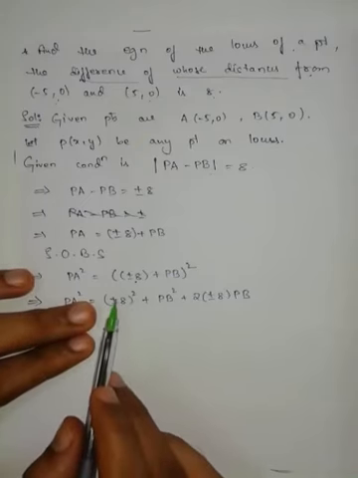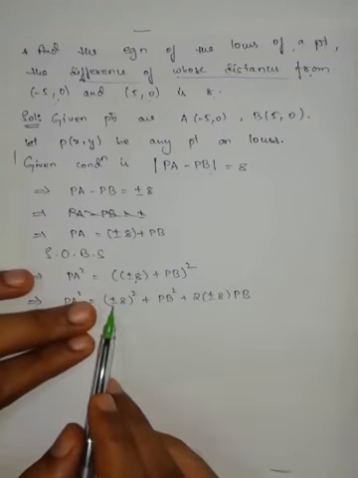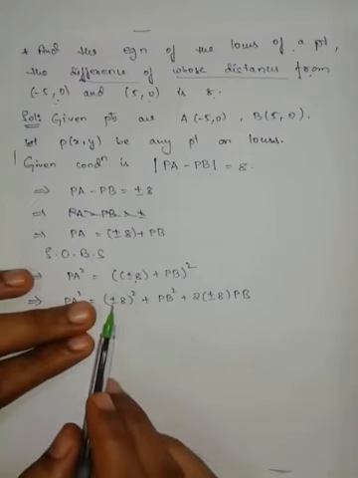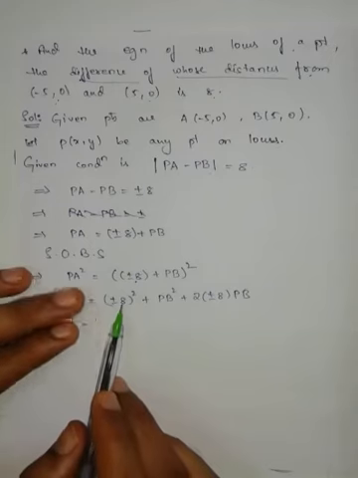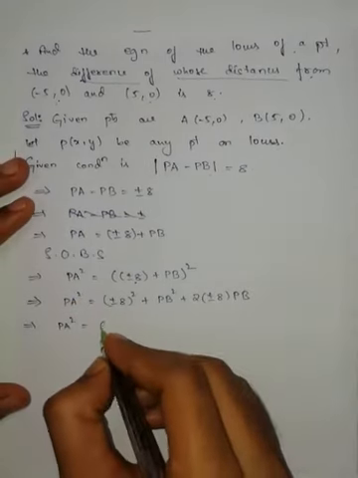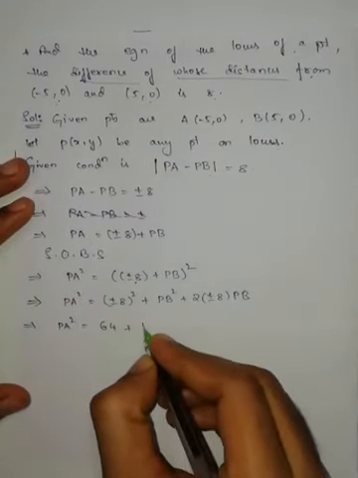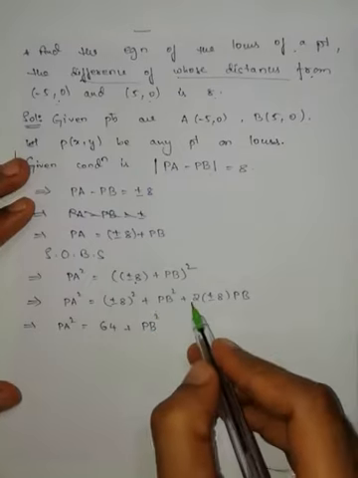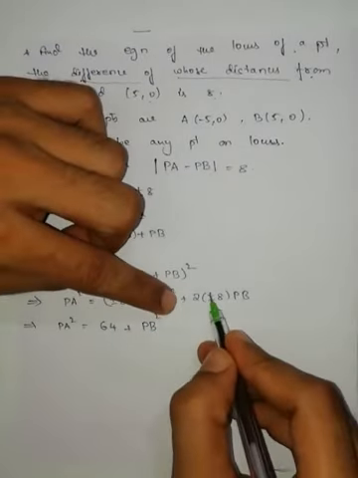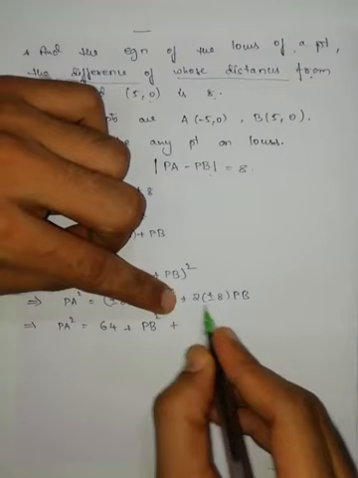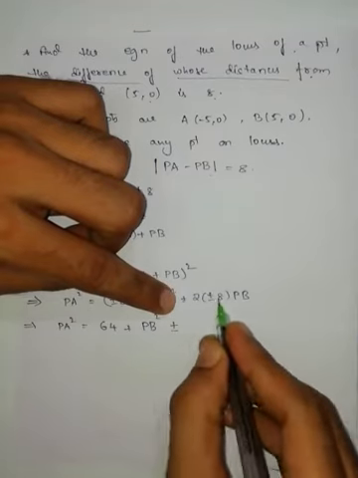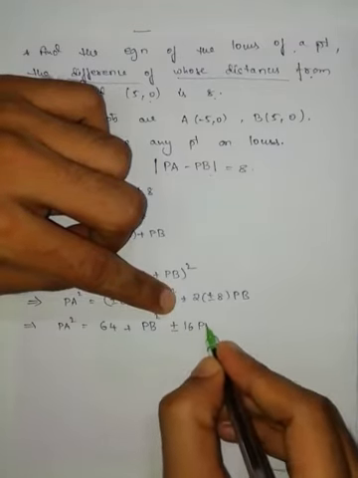Plus into plus becomes plus, and minus into minus again becomes plus, so since it is a square, it does not change anything. It will become plus only. That is, 8 square becomes 64. Plus PB square, plus or minus 16 PB.